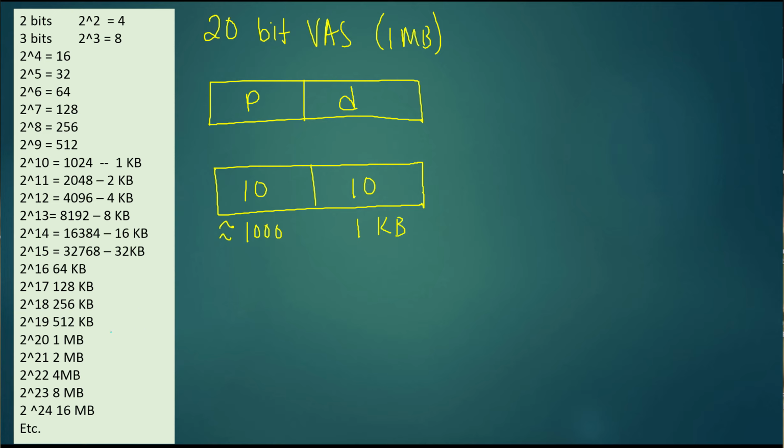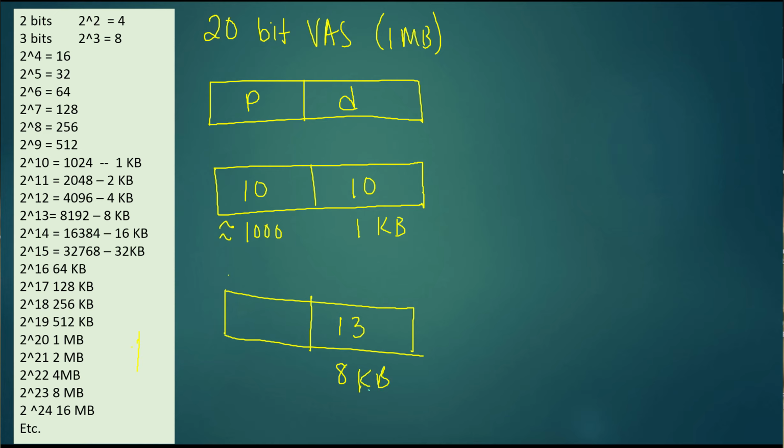If we took the same 20-bit virtual address space and broke it up differently, say we have 13 bits for the offset, that would raise the size of our pages from 1 kilobyte to 8 kilobytes.